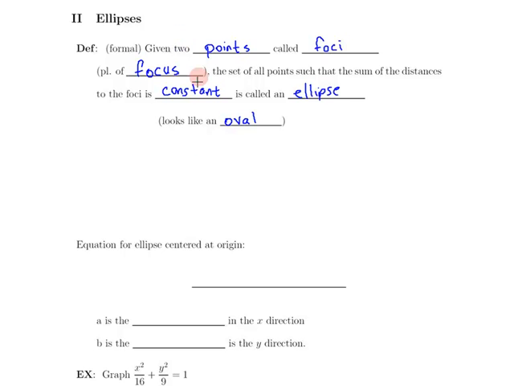So from this definition we get kind of a geometric interpretation of an ellipse, right? So let's say this is the shape of my ellipse.